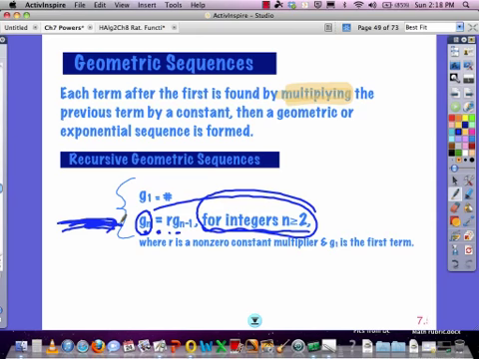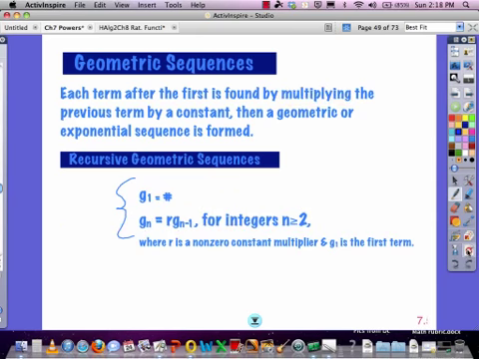So think of it as that constant rate or ratio between the numbers. R is that non-zero multiplier, and G1 was that first term in our sequence. So keep that in mind. It's going to be a multiplication that gets us between terms in these.